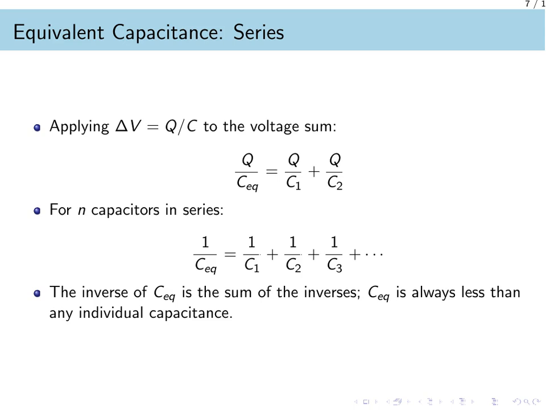Since the charges are identical, we divide them out. We find that for any number of capacitors in series, the inverse of the equivalent capacitance is the sum of the inverses of the individual capacitances. As a result, the equivalent capacitance of a series combination is always less than any individual capacitance in that combination.